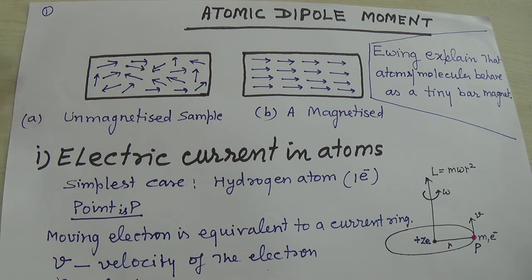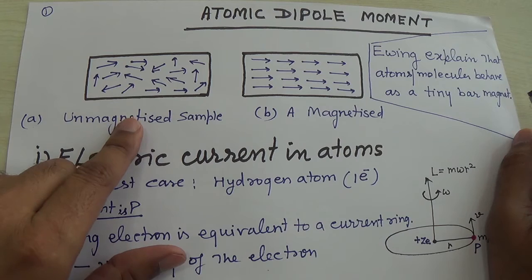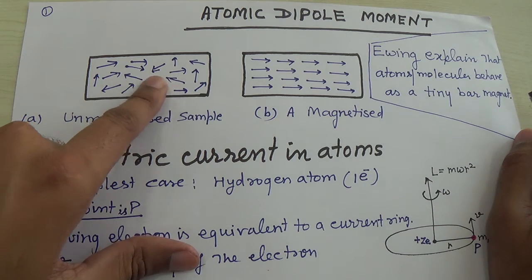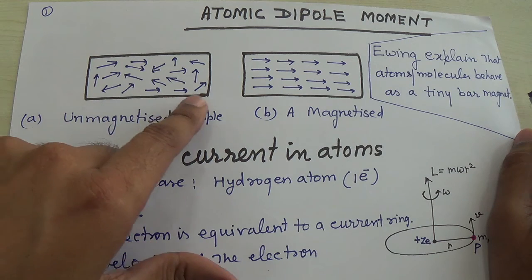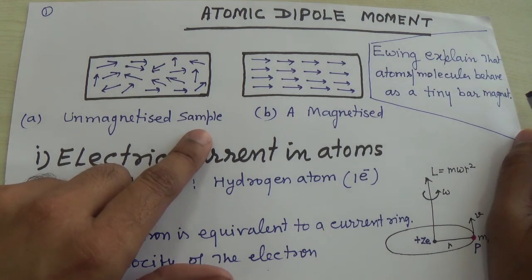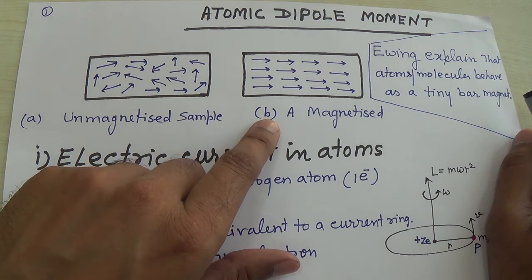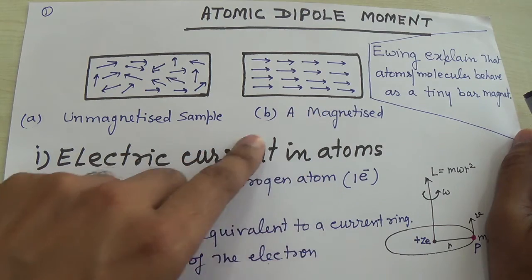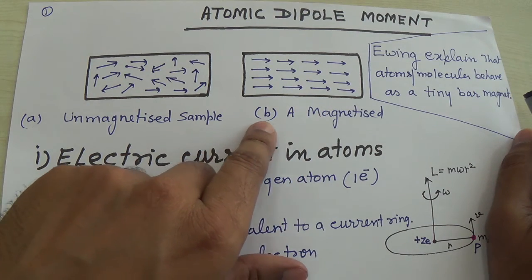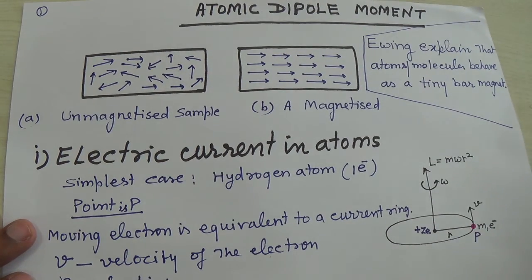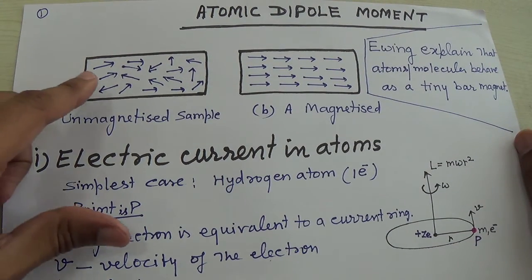For that, I have made two pictures here. The picture where the arrows are shown in random directions is categorized as the unmagnetized sample. And in this particular picture, where all the arrows are in the same direction, is categorized as a magnetized sample. So what are these arrows?